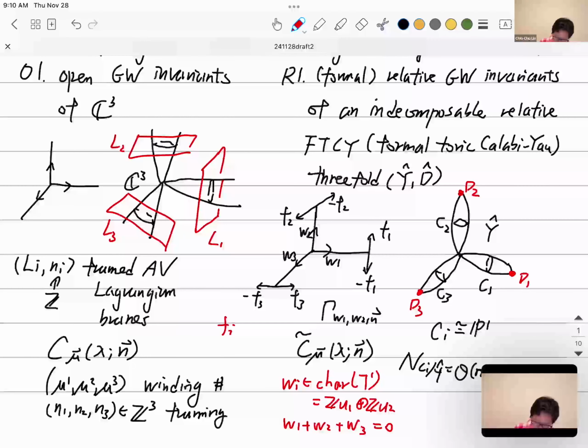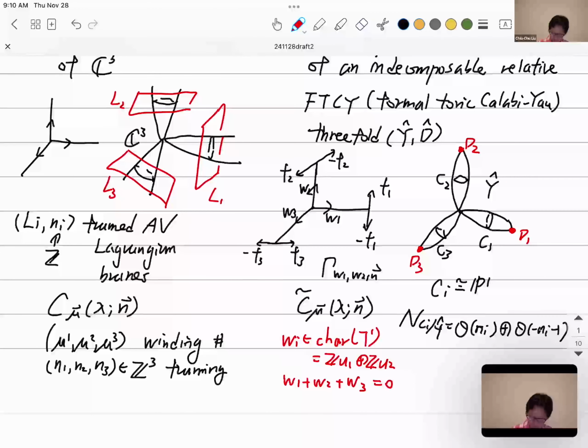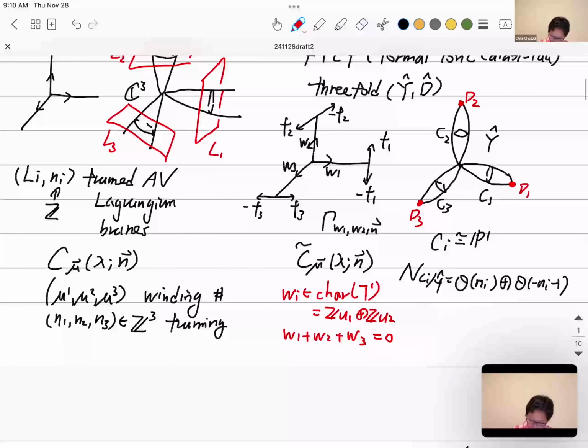And here Fi, this framing vector, is Wi minus Wi plus 1 minus Ni Wi, where Ni is some integer.